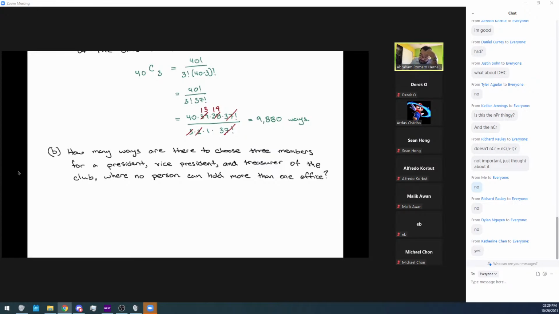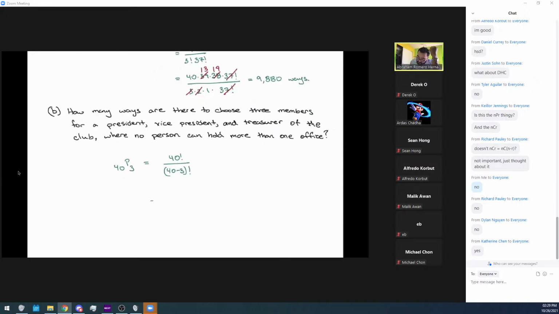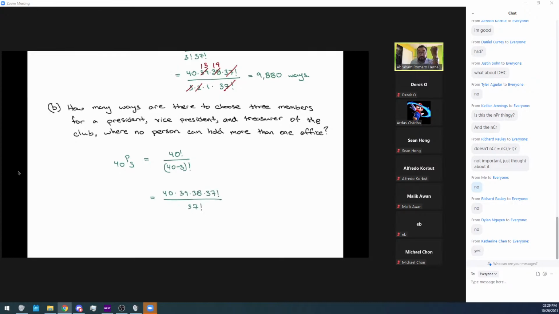So there's 3 positions. So 40P3. That's the same thing as saying 40 factorial over (40 minus 3) factorial. That's the same thing as saying 40 times 39 times 38 times 37 factorial, I'll stop there, over 37 factorial.